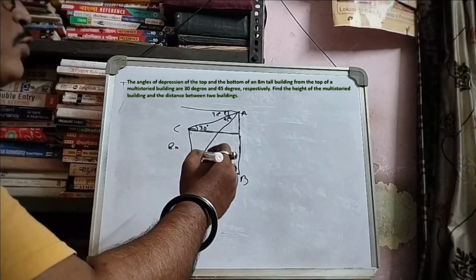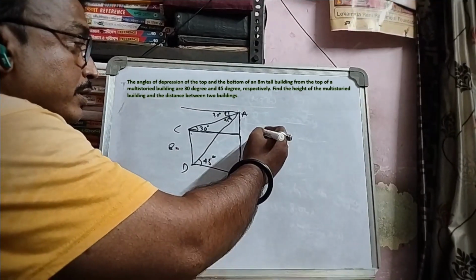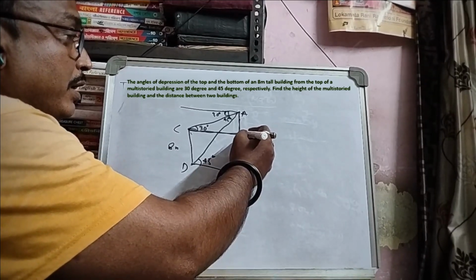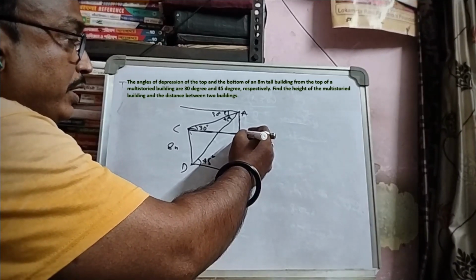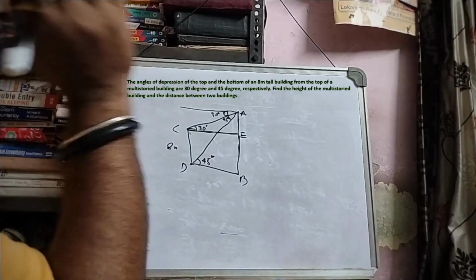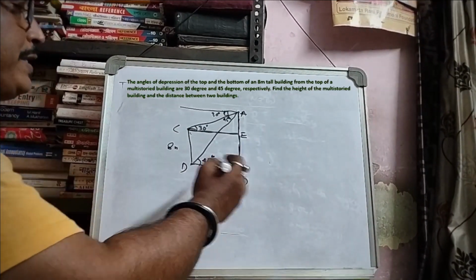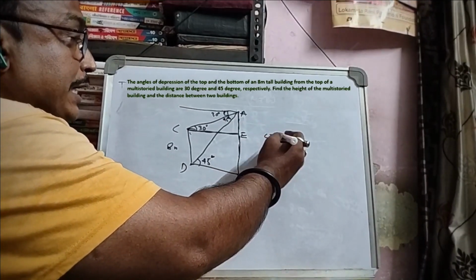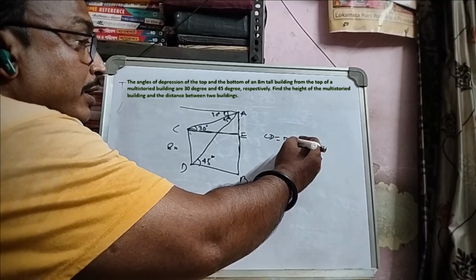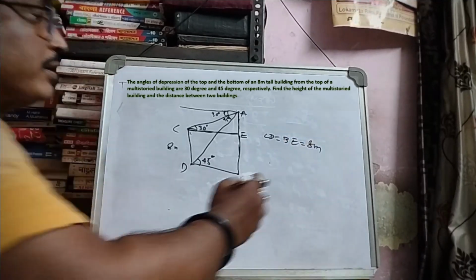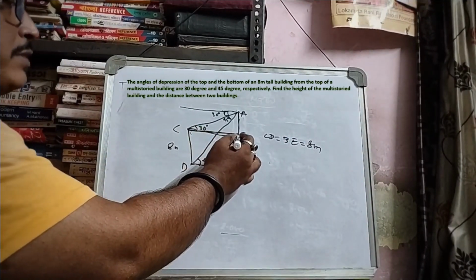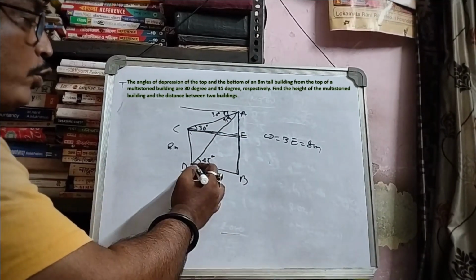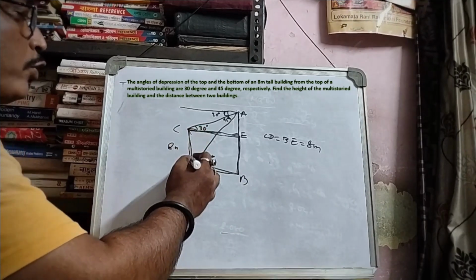From the picture it is quite clear that, at first I will give a name to the points: A, B, C, D. It is quite clear that CD is equal to BE, 8 meter, because it has formed a rectangle, and we know the opposite sides of a rectangle are equal.